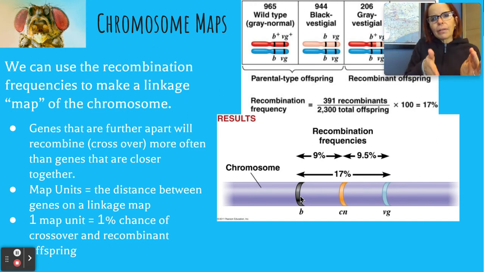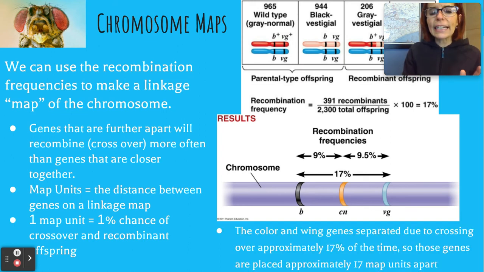And so that's how they place the CN in the middle of the chromosome map between the black and the vestigial traits. All right, we'll practice that a little bit more. The last thing here says the color and wing genes separated due to crossing over approximately 17% of the time. So those genes are placed approximately 17 map units apart.